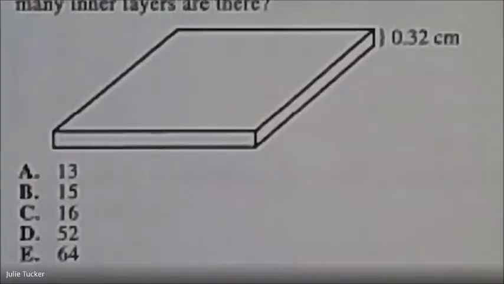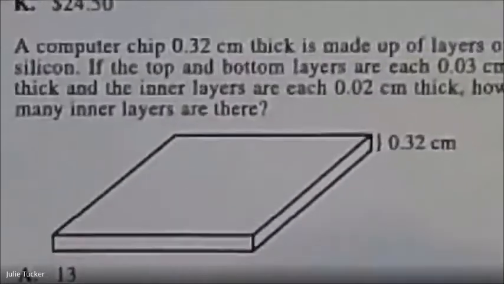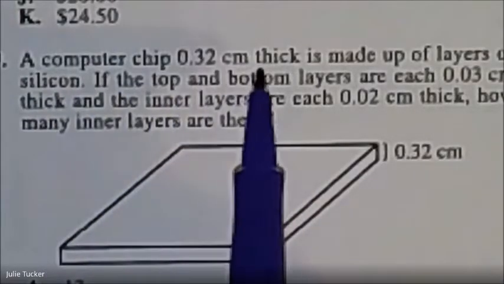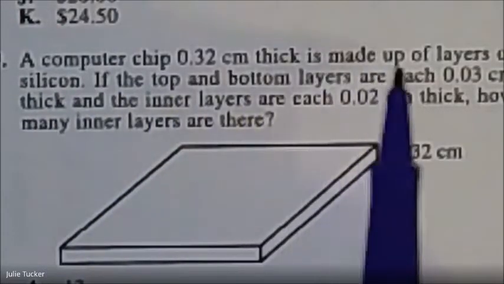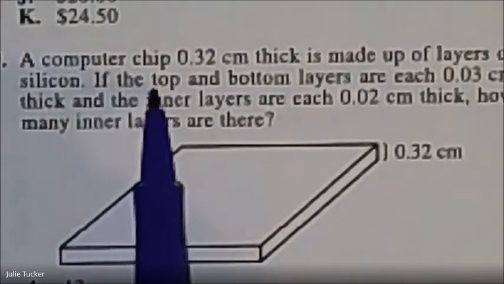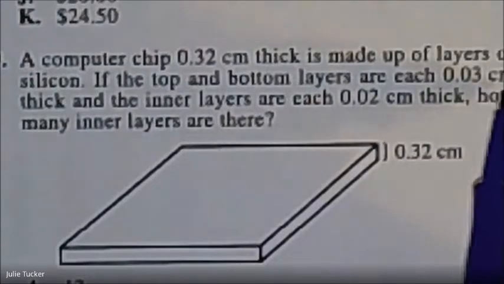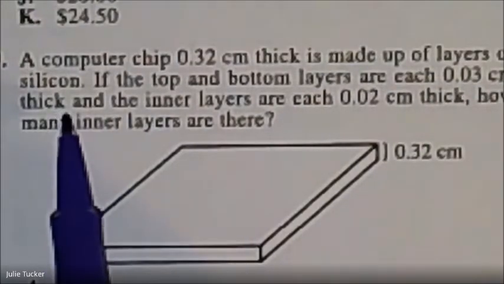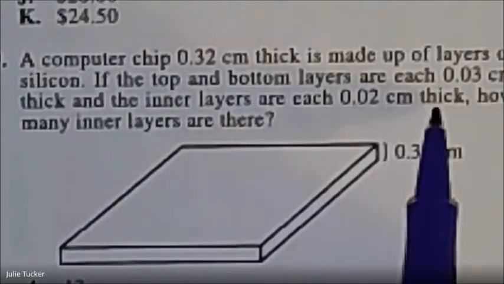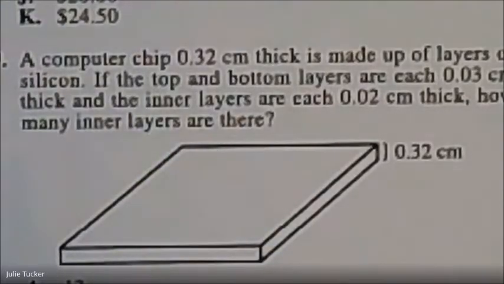Number 9. A computer chip 0.32 centimeters thick is made up of layers of silicon. If the top and bottom layers are each 0.03 centimeters thick, and the inner layers are each 0.02 centimeters thick, how many inner layers are there?